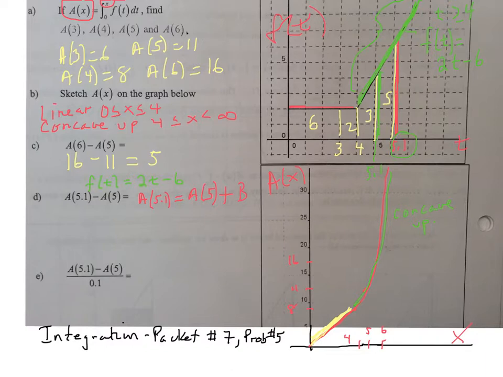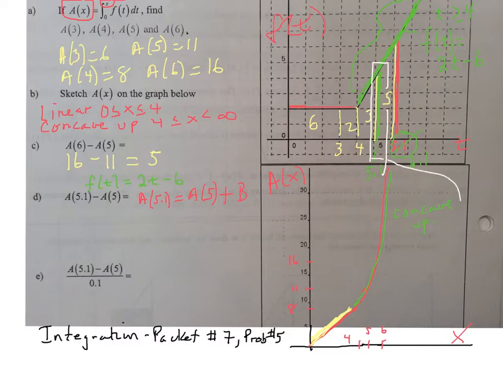What I have here really should be 6.1. Now the question still remains, what is the value of 5.1? It's A of 5 plus some little bit, plus a little bit more.